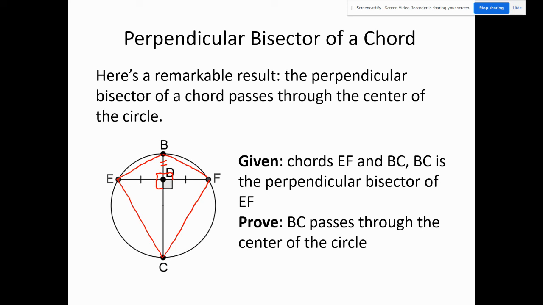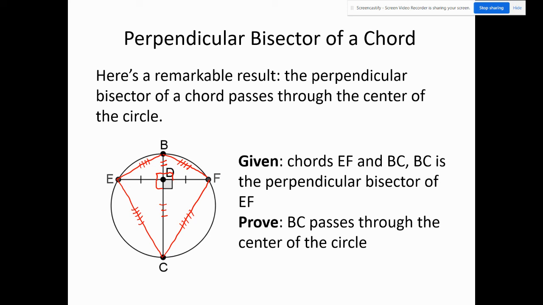Side angle side. Likewise, if one looks at EDC and FDC, the two that are on the bottom, they're likewise congruent, also by side angle side. Oh, and then it follows, of course, got to use a lot of hash marks, that sides which correspond in the congruent triangles are equal. So it follows that EB is equal to BF. I guess I'm up to 5 now. It also follows that EC is equal to CF.